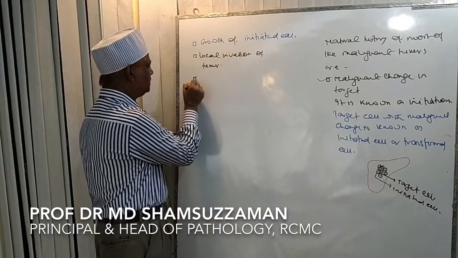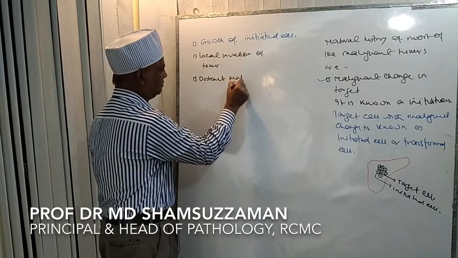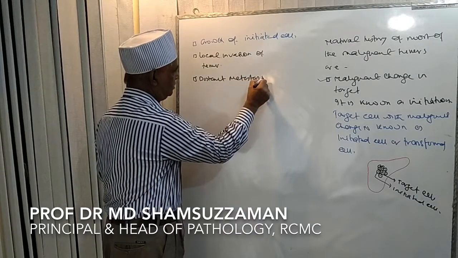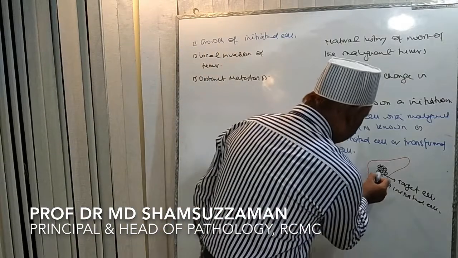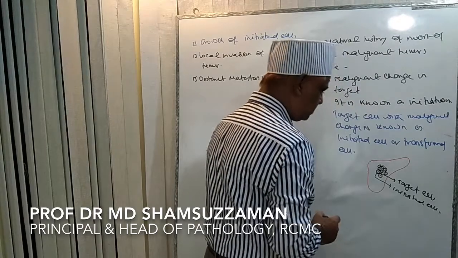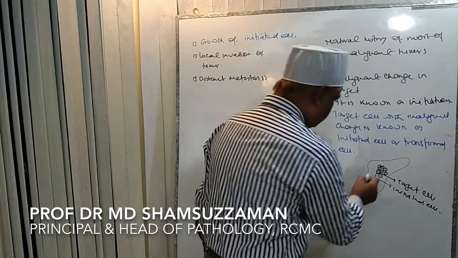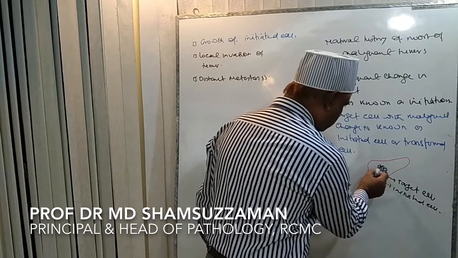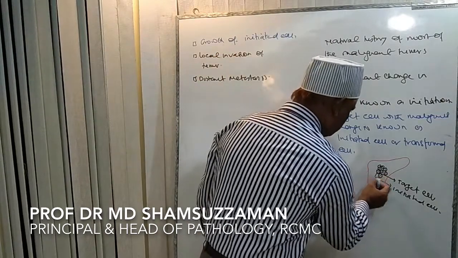The fourth one is distant metastasis. So the target cell undergoes malignant change and is known as initiated cell. The initiated cell multiplies, with growth of initiated cell and formation of tumor.